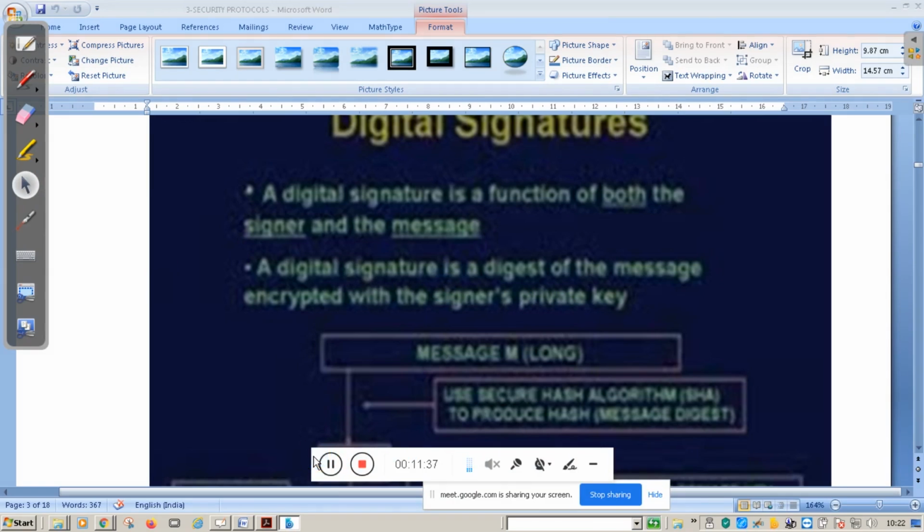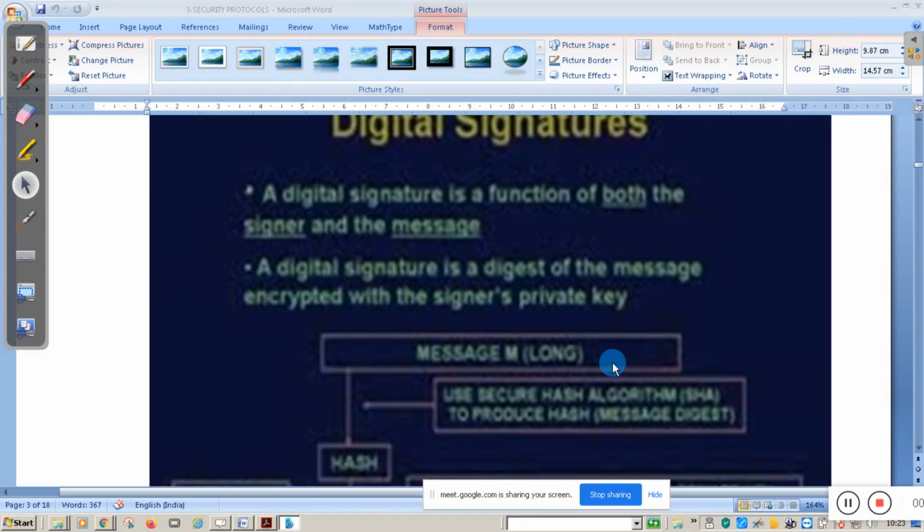A digital signature is the digest of the message encrypted with the signer's private key. So here authentication is important, not the secrecy of the message.